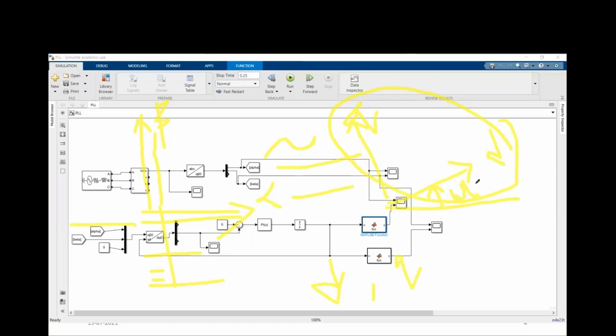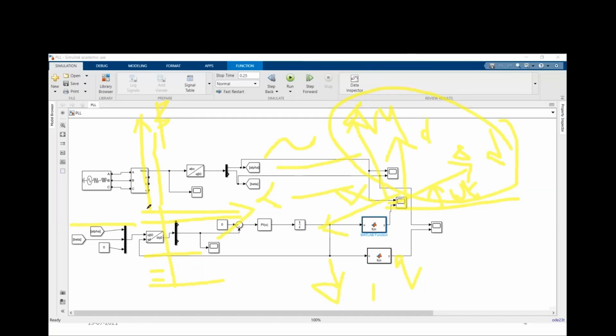That means with respect to the reference, the DQ right angle has some magnitude, let us say some 8 magnitude and some 4 magnitude. These magnitudes are not going to change, but this perpendicular vector is going to rotate with respect to time. After some time, this 8 magnitude will come here, and this 4 magnitude will come here. So this is how your DQ reference works.